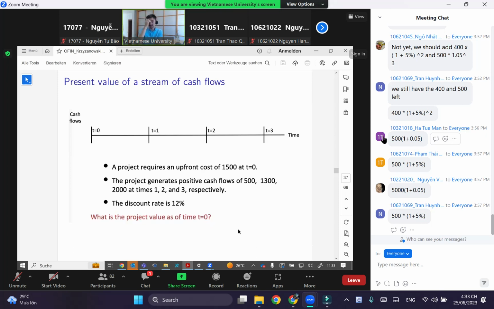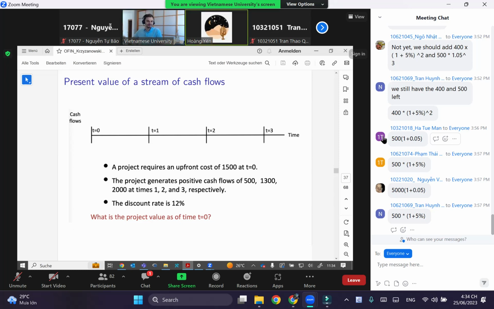First question: is this a discounting or a compounding problem, as described in the question? Discounting or compounding? Discounting. Exactly. And why is that? Just to remind all others, why is this a discounting problem?